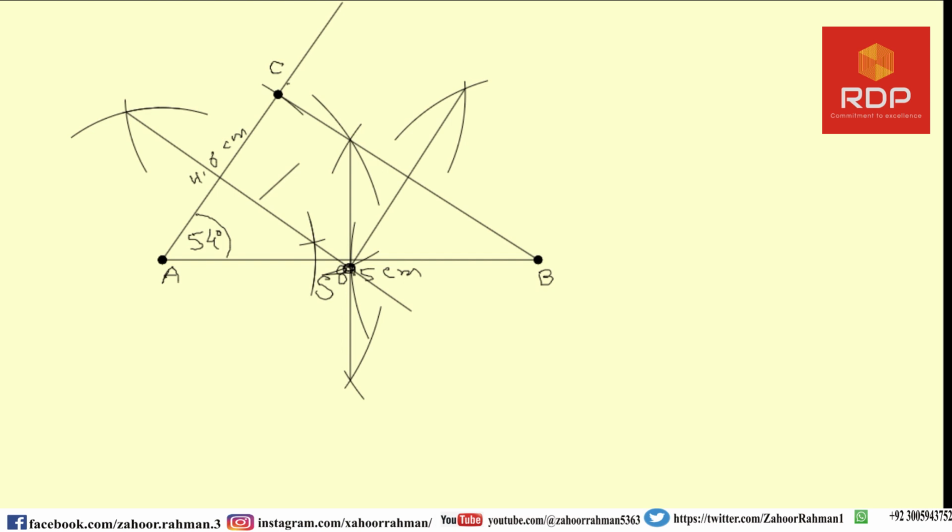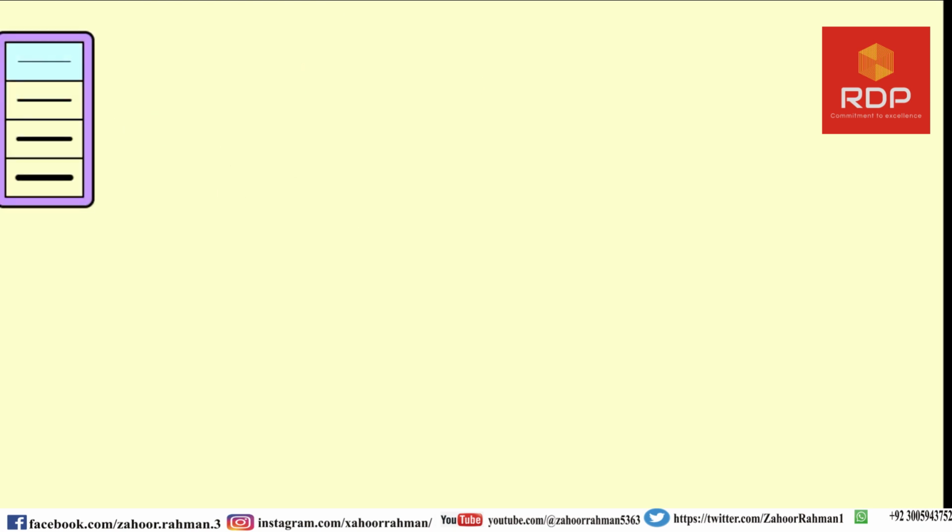Now we are turning our focus to question number 16, and let us do that question as well. In this question they are saying that construct triangle PQR in which PQ is 8.3 centimeter.